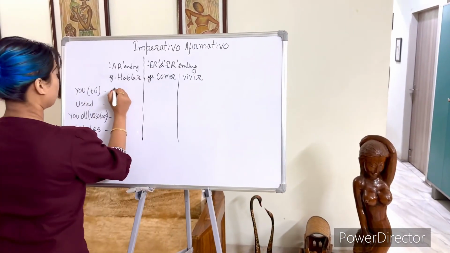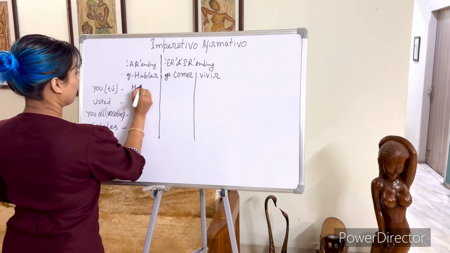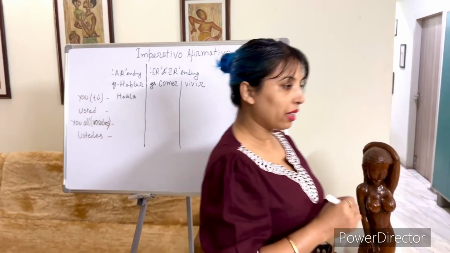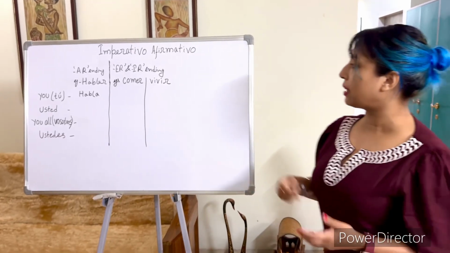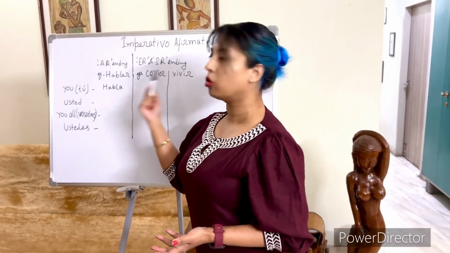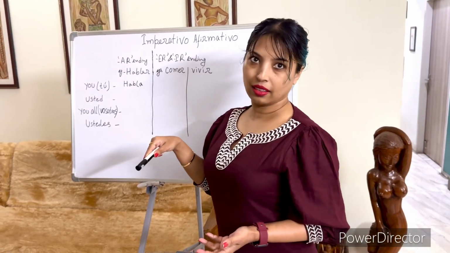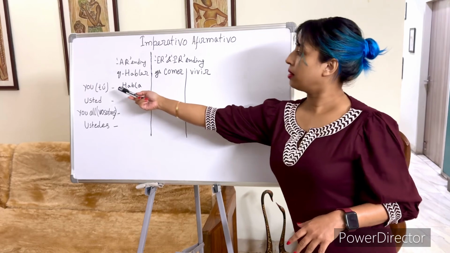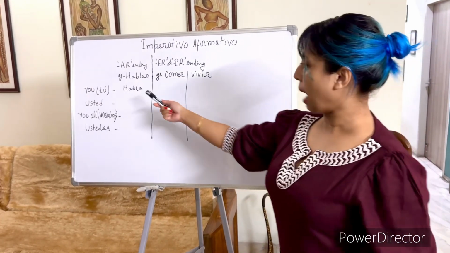So it would be the third person conjugation. You may think you can use the second person conjugation and remove the last s, but that's not it. Use the third person conjugation for the tú command: habla.